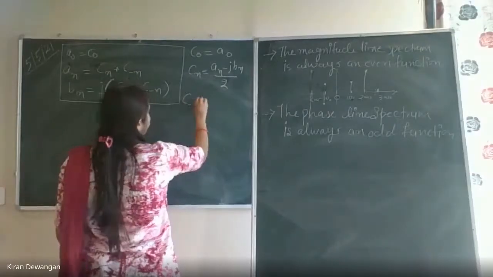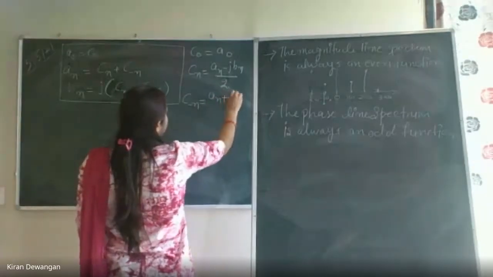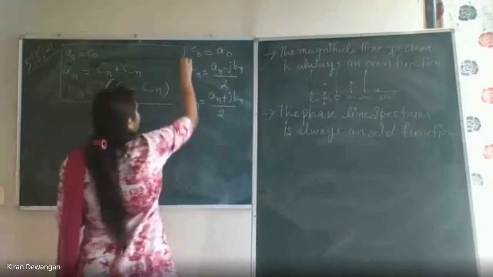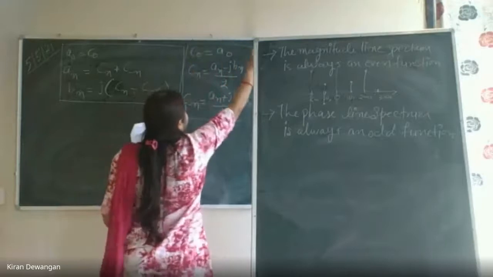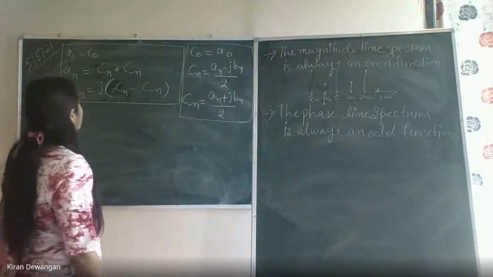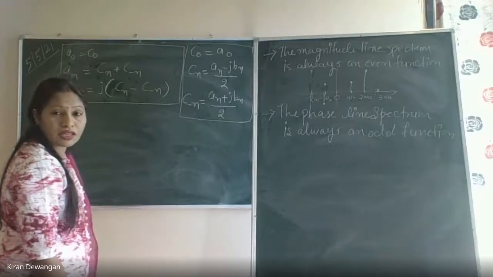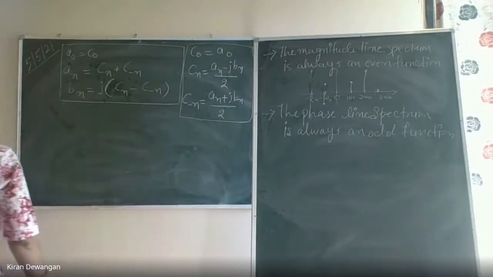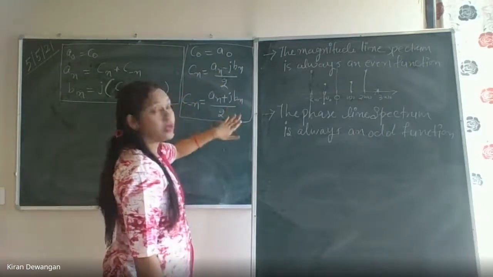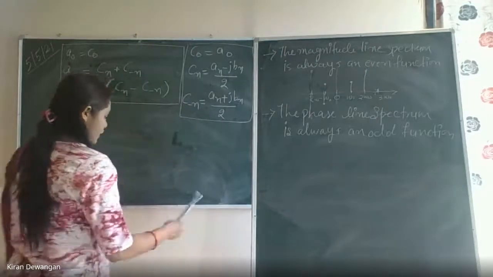C of minus n can be written as a of n plus j bn by 2. ठीक है. तो either of these we can write. तो या तो हम, अगर हमें ये दिया हुआ है, if these coefficients are given, मतलब if we are given with c of n and c of minus n, we can find out these coefficients, that is the trigonometric coefficient. And if we are given with these coefficients, that is an and bn values, we can even find out the exponential coefficient. So these are interrelated to one another.